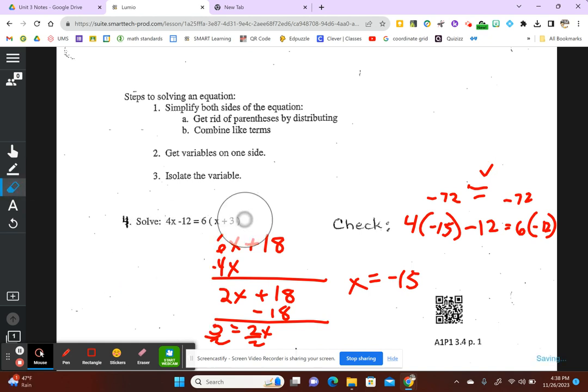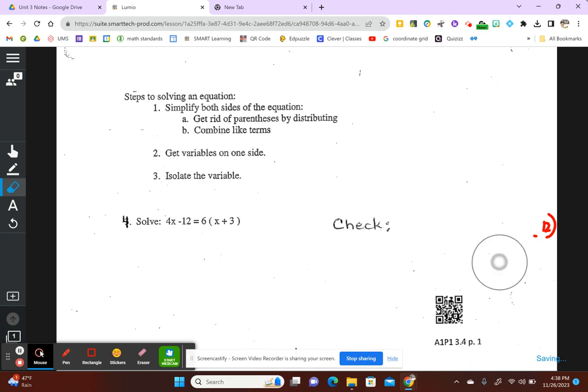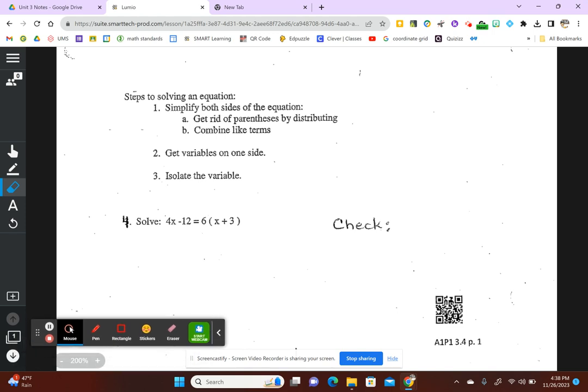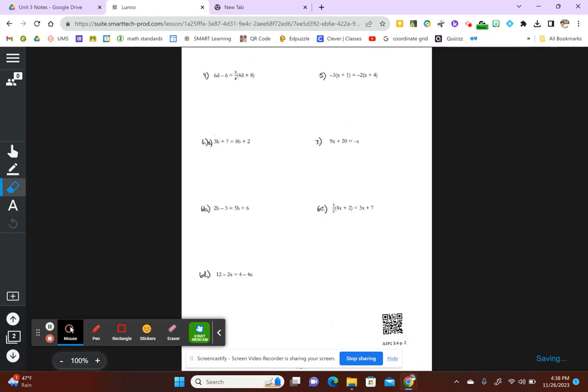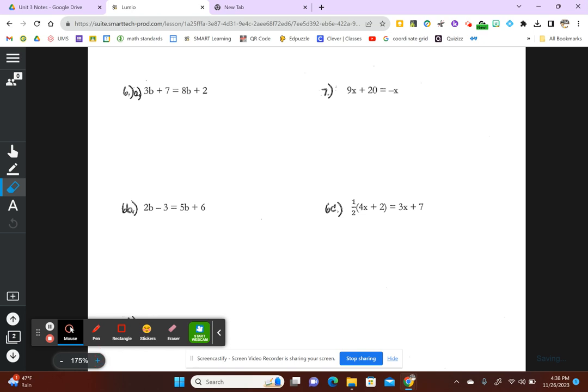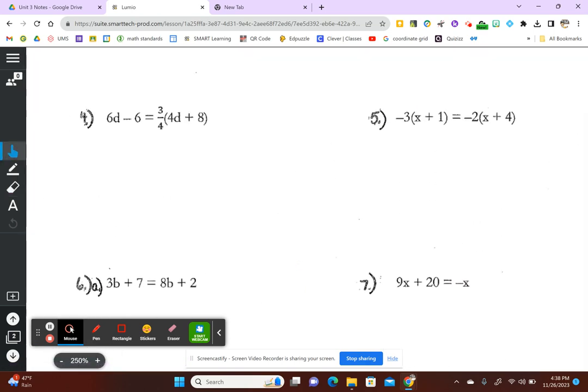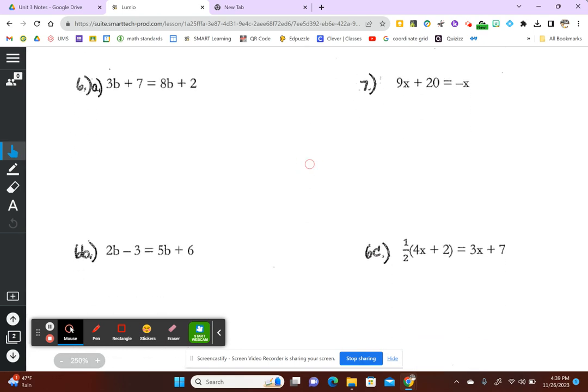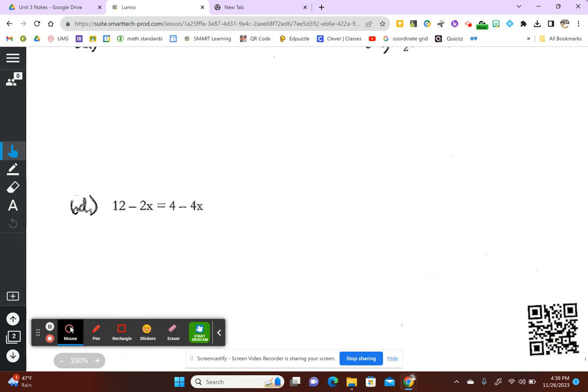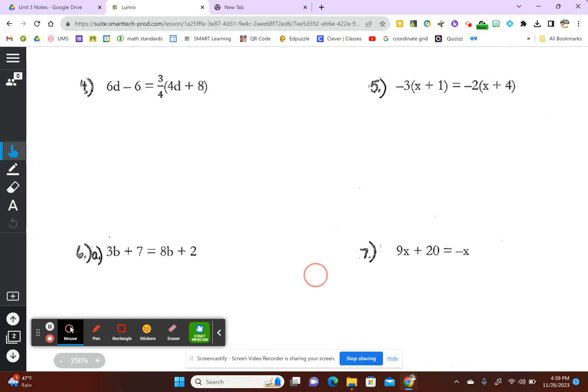Okay, so let's turn the page. Okay, so now we're going to try to do 4 and 5, and then 6a, 6b, 6c, 6d, and 7.